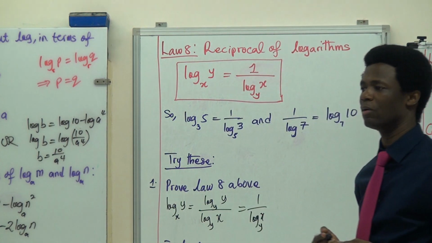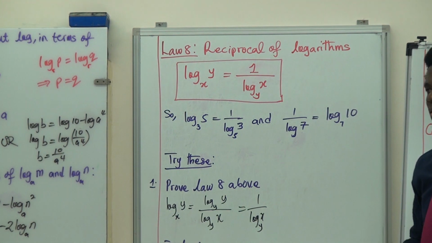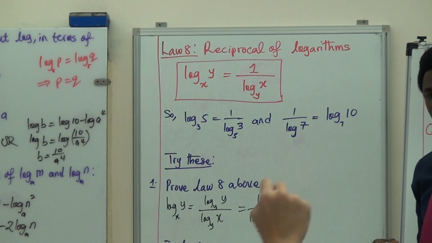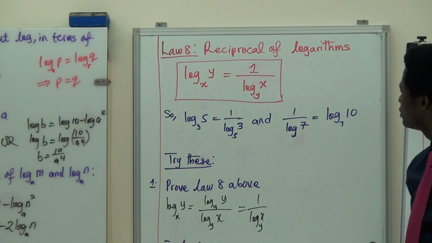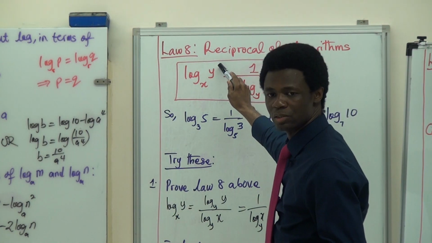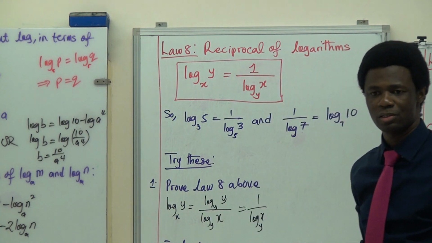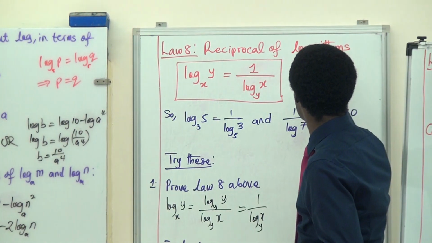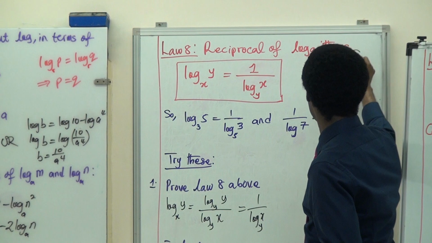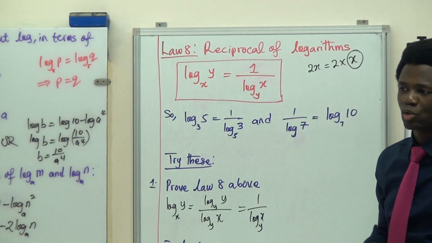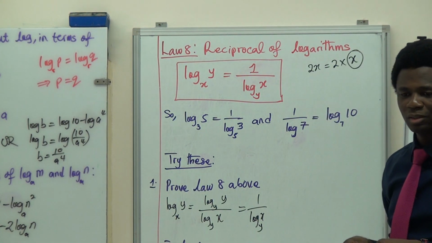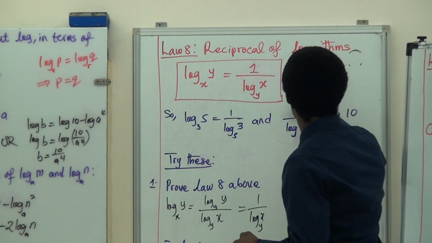And this is law or property. Okay? What if there's a power on log y to the base of x? Like this. Take it to the back. This will change, then the number stays. So if I have 2x, it's just 2 times x. I don't care what happens to x. Change x to whatever you want to change it to. Okay, I'll show you one thing.